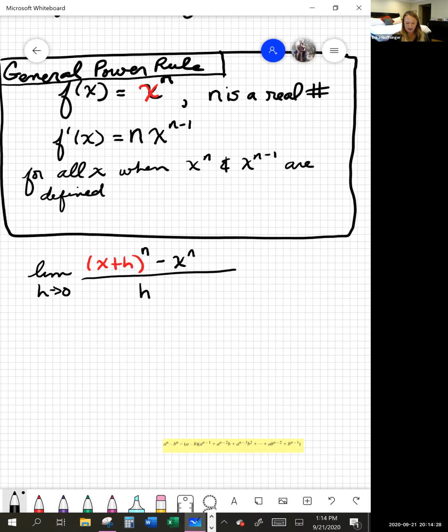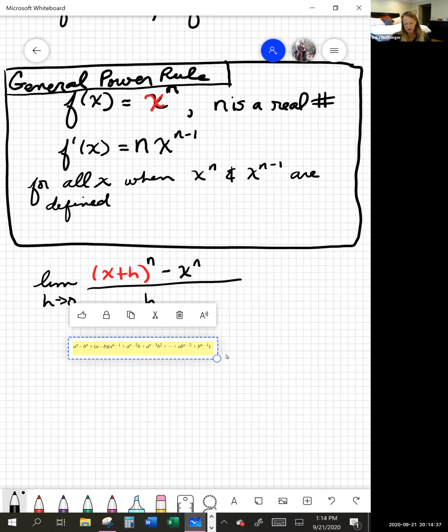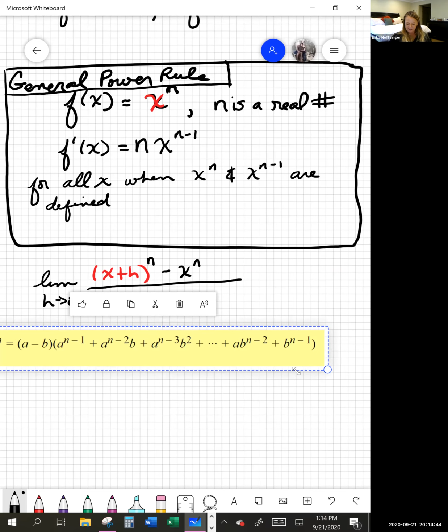Okay, so this is where, and I'm not going to prove this rule, if you look at a raised to some nth power minus b raised to some nth power, you can factor things like this.